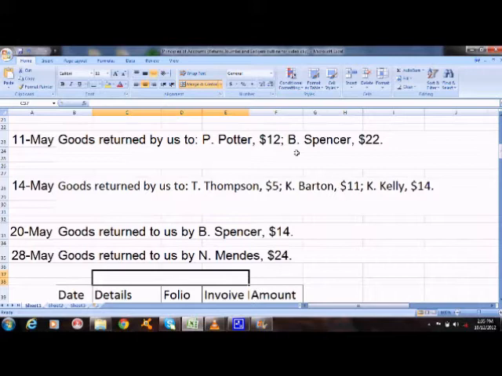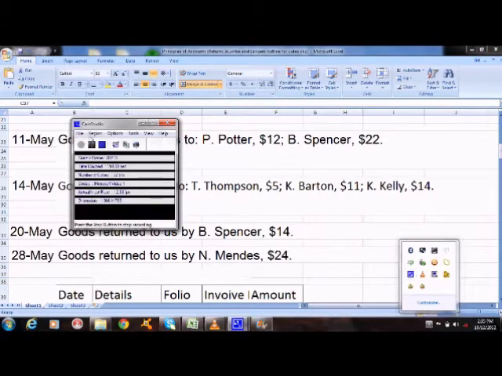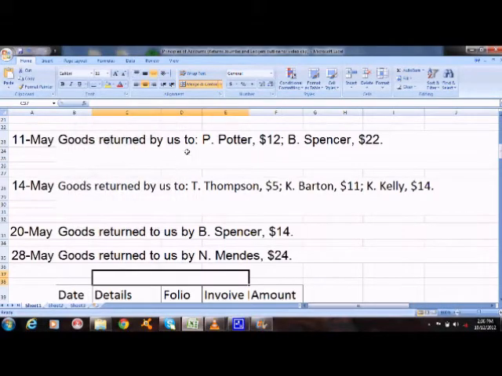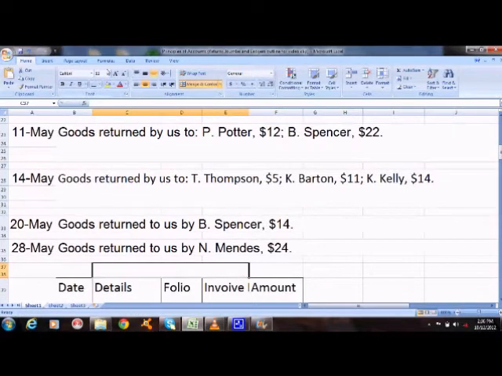So in this case we would make a record in the returns outwards journal, because this is goods returned by us. That means we are returning goods out of the company. So we're going to have the returns outwards journal right here.